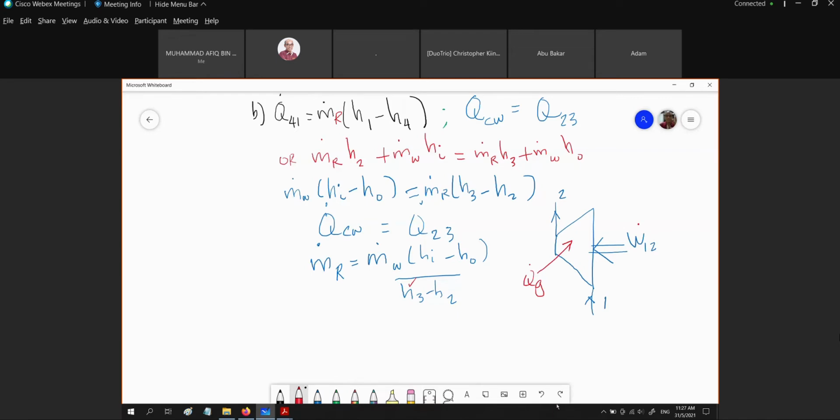Meaning that we need to get two equations, because in this case the H3, okay, no problem. For the H2, we also need the M dot. Let us look at the energy balance first for the H2. The energy balance for the H2, we look at the compressor.